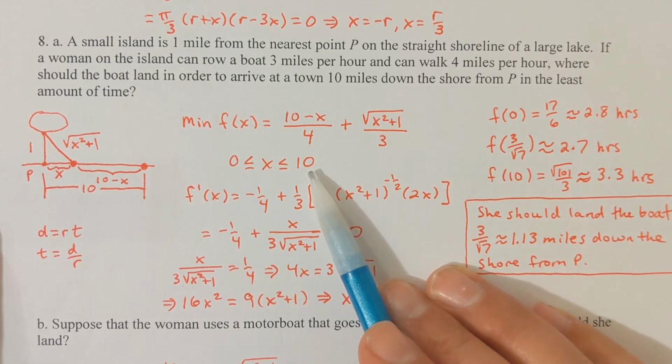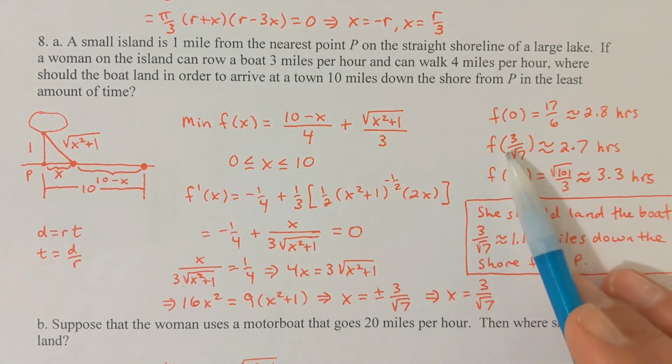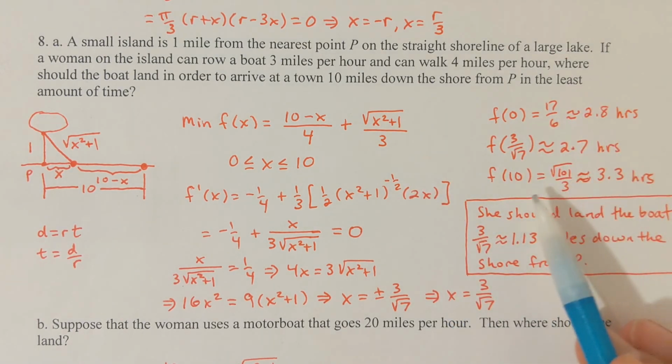The conditions on x tell us if we're going to use the methods in section 4.1 or 4.3. If we have a closed interval, we're going to be using 4.1. We just get our critical numbers, plug in the critical numbers along with the two endpoints and see which output is the biggest or the smallest.